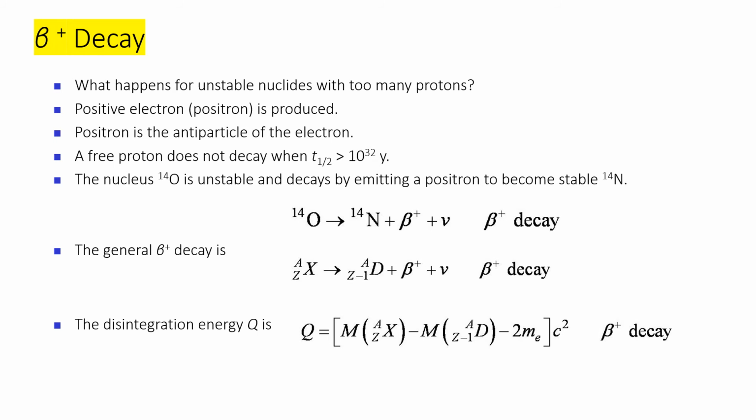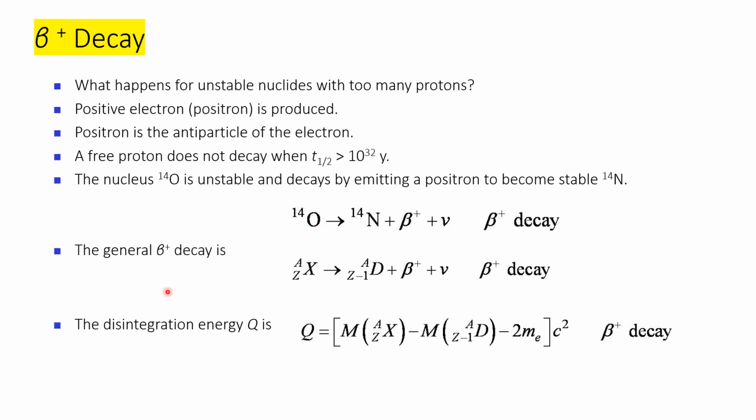For example, the nucleus of oxygen 14, which is unstable, decays by emitting a positron to become a stable nitrogen 14. So here you have oxygen 14, which decays to nitrogen 14. It emits your positron and then your neutrino. So this is your beta plus decay.